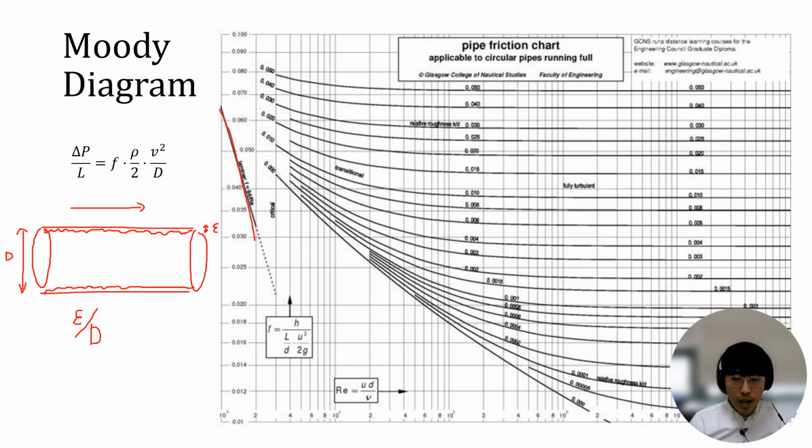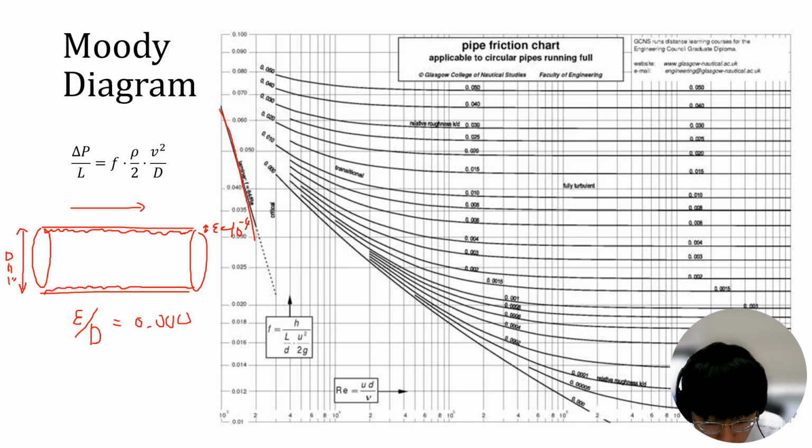Let's say we had a roughness of 10 to the minus 4 inch, and we had a d of 1 inch. Then that's going to be 0.0001, and we have that number here.